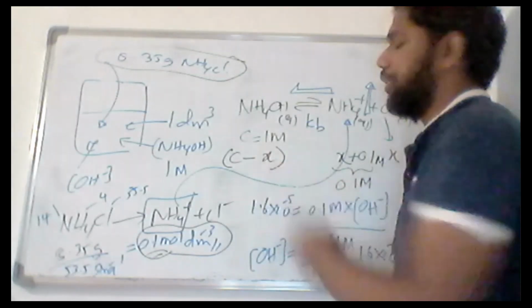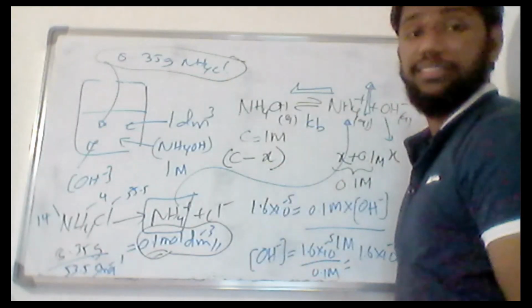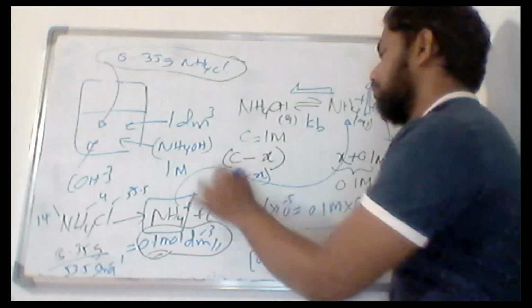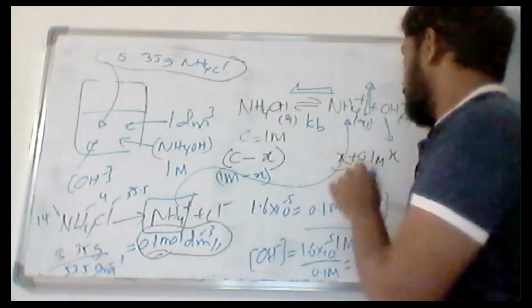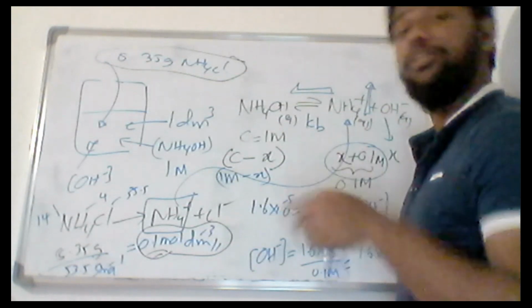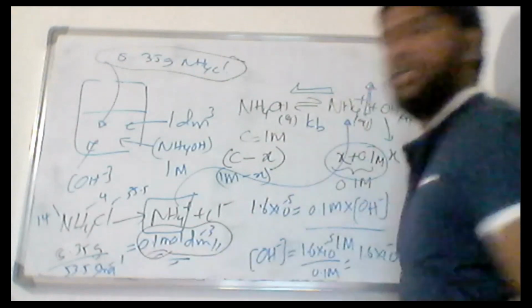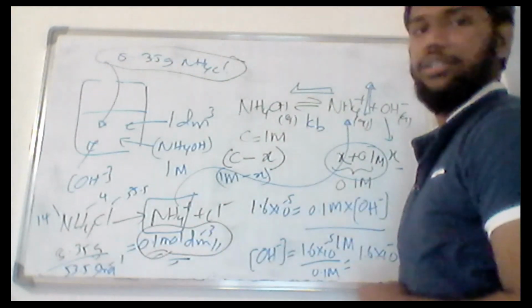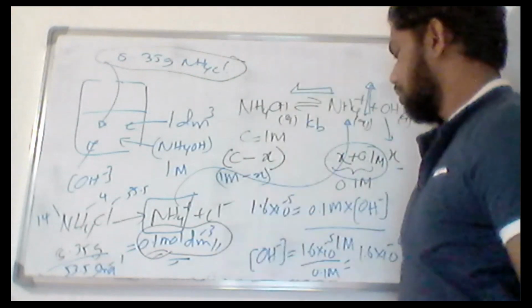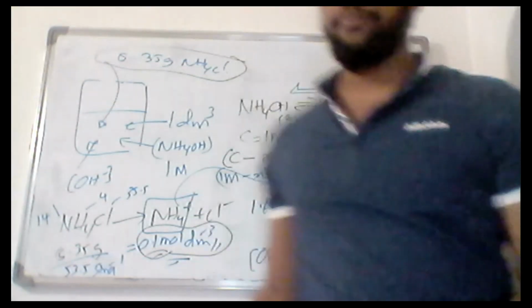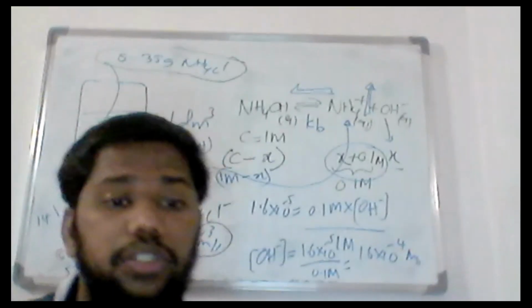So after the dissociation, this should be 1 m minus X. And here this should be X plus 0.1 m. Why X plus 0.1 m? Because this is the common ion effect of the NH4 plus. So here it is X, right? So you can use the Kb equation to find the concentration of OH minus.